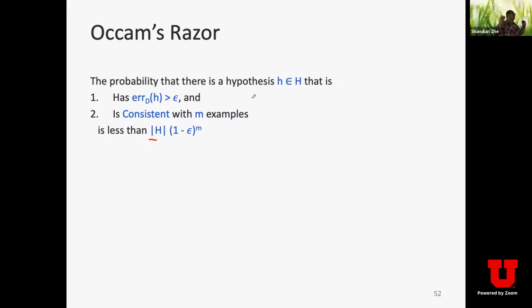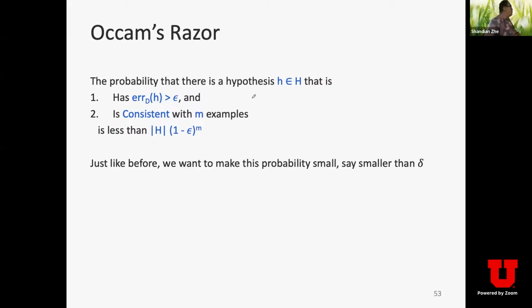Obviously, I don't want this bad event to happen. I want to control this probability. I want to look at what kind of conditions we should satisfy to squeeze this bad event's probability to be smaller than, say, delta.